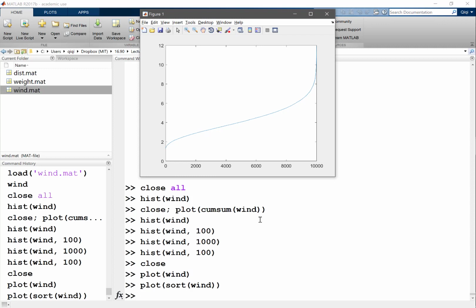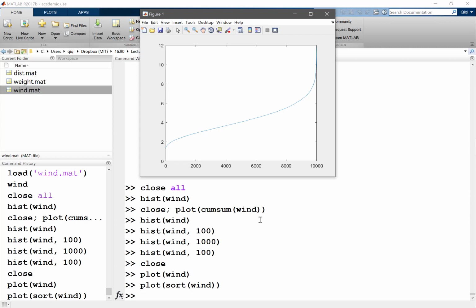But what I'm plotting is really what's called the order statistics of the data. It's called the order statistics because I had it sorted, right? So if you want to figure out, for example, what is the median of the wind, you just look over here.